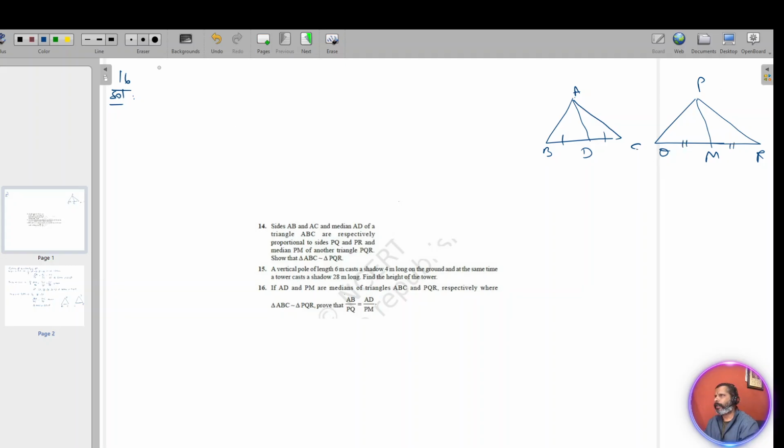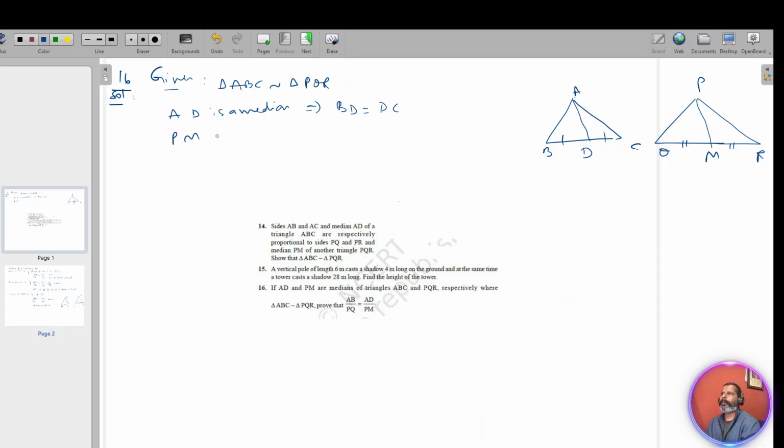Okay. So let's see. Given: triangle ABC is similar to triangle PQR. They are given already. AD is a median, so it implies BD equal to DC, or BD equal to half BC, whatever. All three things I explained.